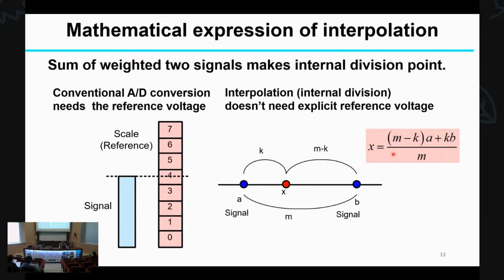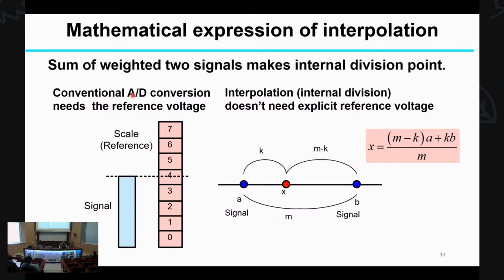So this is the mathematical expression of the interpolation. The sum of two squares. This is another signal. If we obtain this position, we can realize such related data, so it makes the internal division.